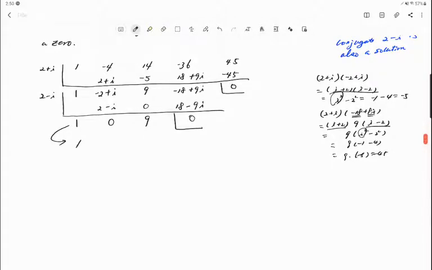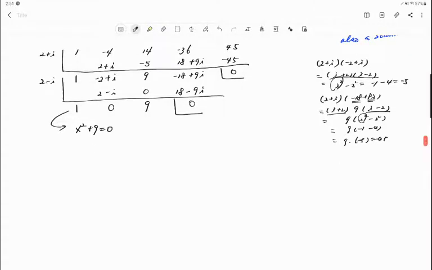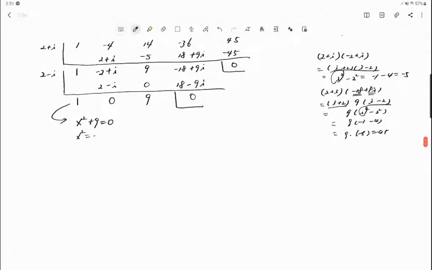And this third line has 3 parts, so we can rewrite it: x squared plus 9 is equal to 0. Then x squared equals negative 9, so x is plus or minus the square root of negative 9, which is plus or minus the square root of 9 times i squared. So finally, x is plus or minus 3i. Can you see it?